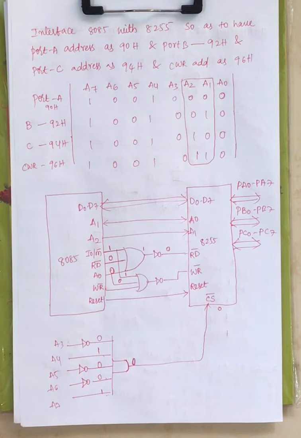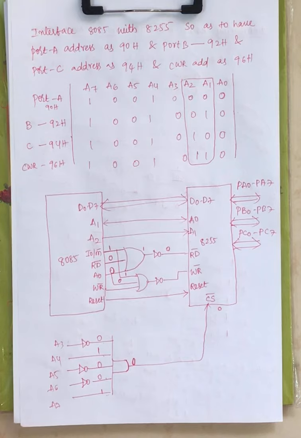Now I will give one problem as an assignment, then you will have a clear idea of how to interface your 8085 with 8255. In the next lecture we will see interfacing of 8085 with 8255 under memory mapped IO.